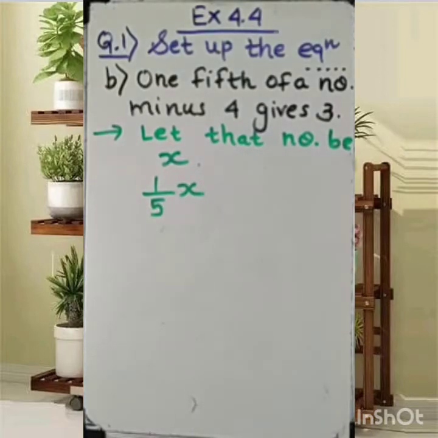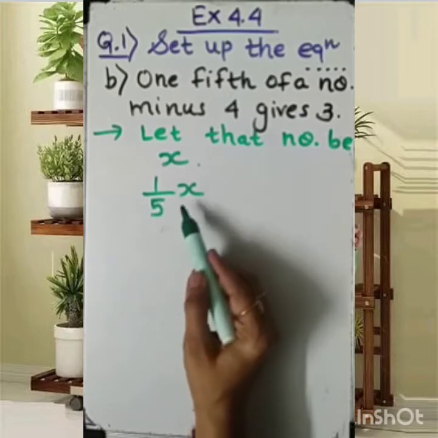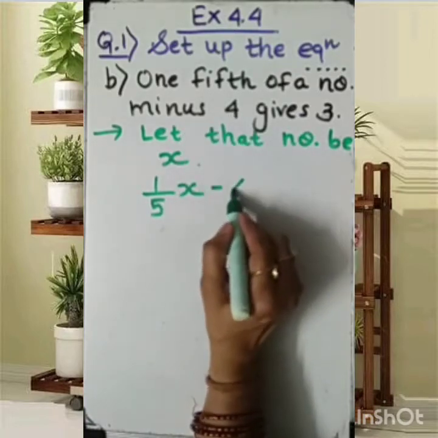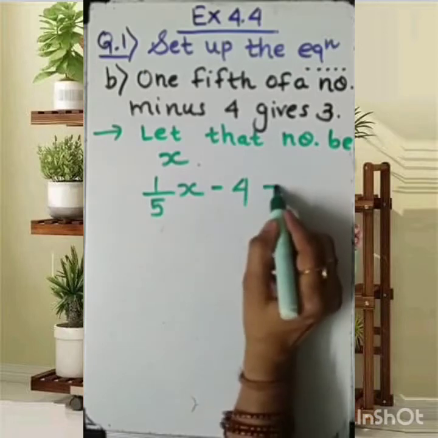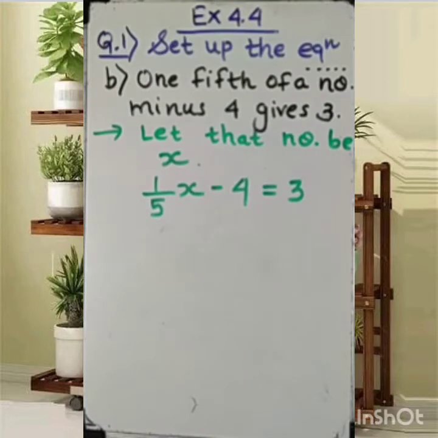Once again, 1/5 of a number is 1/5 x, minus 4. So this is minus 4, that gives 3. The result is 3. 1/5 of x minus 4 is equal to 3. Got it?